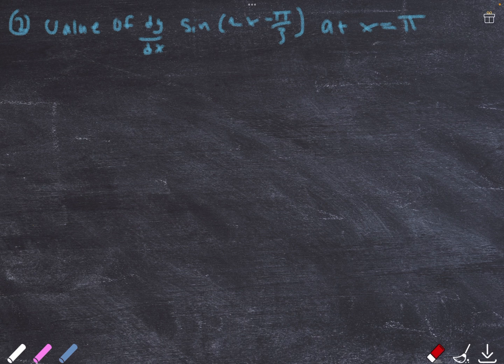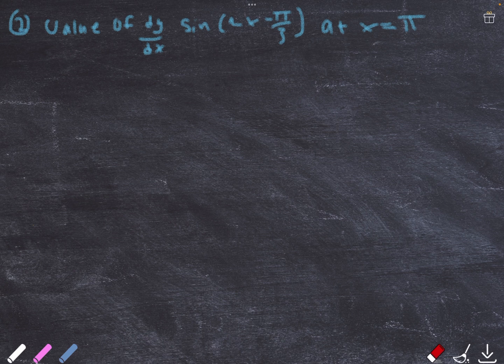So here, guys, is our second equation, and we're just finding dy/dx, the derivative of sine of 2x minus pi over 3 at the value of pi. So remember the chain rule.